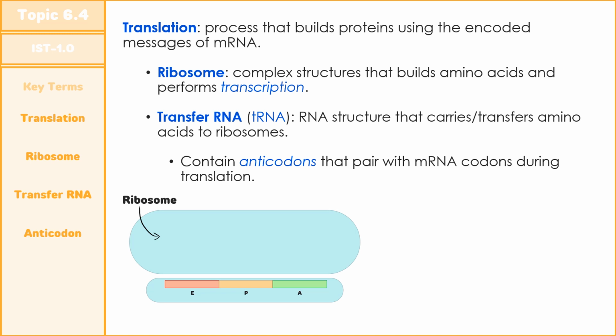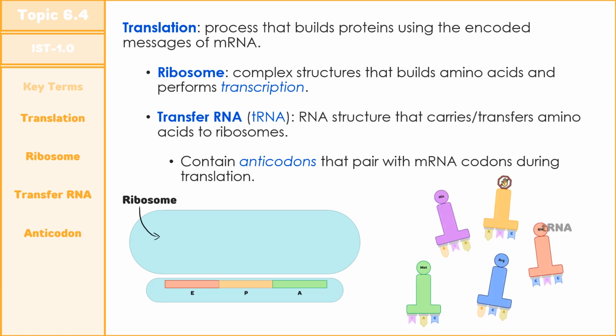They perform translation, and they are where we're going to build our amino acid sequences. And then one of our other types of RNA, tRNA, are going to carry our amino acids, and these contain what we call anticodons that are complementary to the codons on our mRNA, and that is going to be how they pair up with the correct codon.